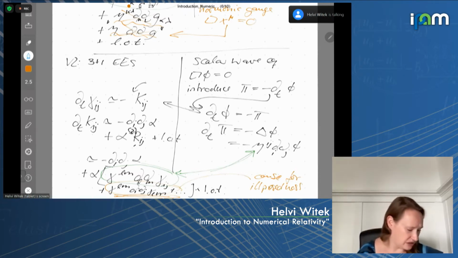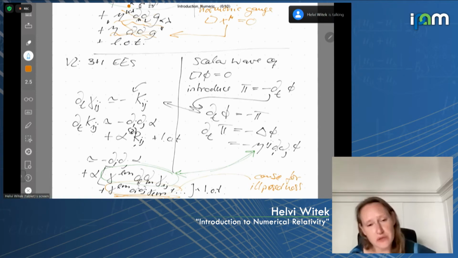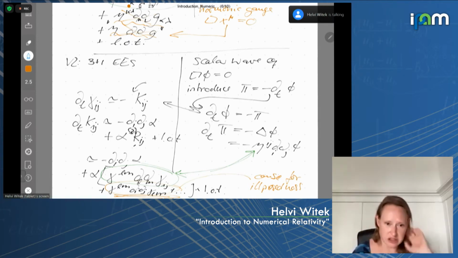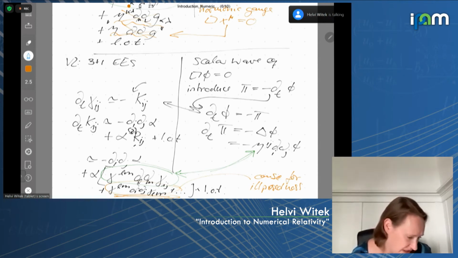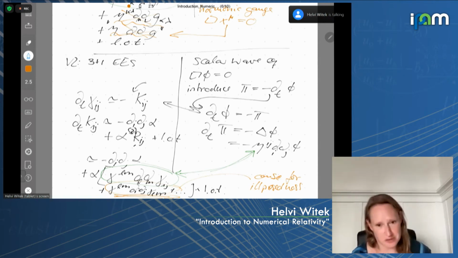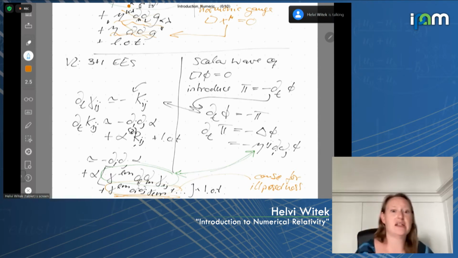One of the more common formulations is a formulation by Thomas Baumgartner, Stu Shapiro, Masaru Shibata, and Nakamura, so BSSN for short. Let me just write down the variables that you introduced for those and the leading order terms. I'm not going to write down the system in detail because then we can fill the entire slide, and that's not very instructive.